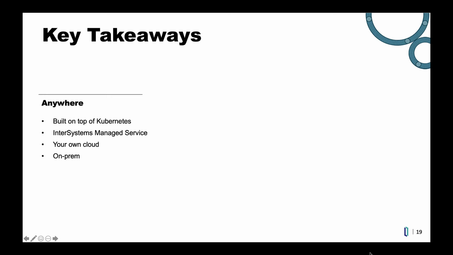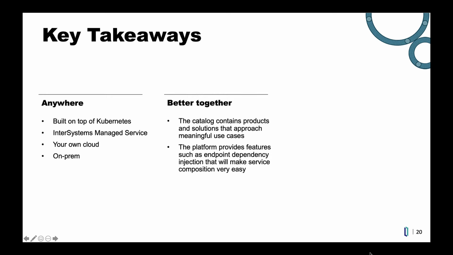So anywhere. Second, better together. The catalog contains products and solutions that are about meaningful use cases. So instead of having a product that can do many things, we are moving towards service composability. So you need a database, here is a database. You need interoperability, a connector for Salesforce, here is your connector for Salesforce.